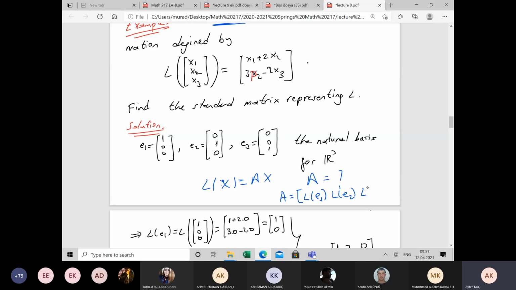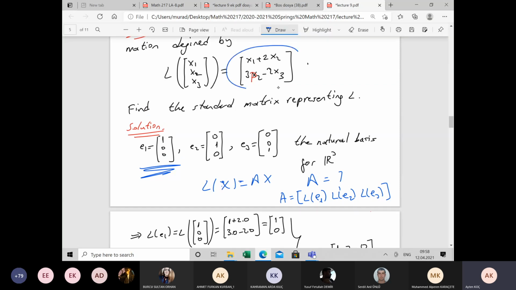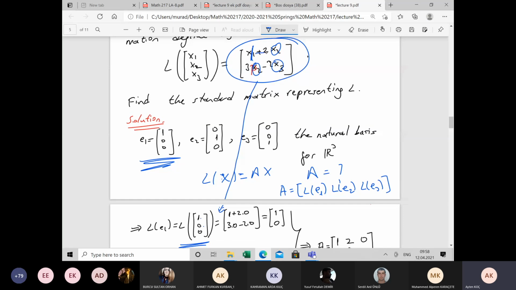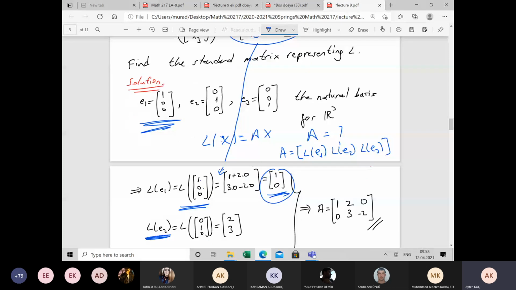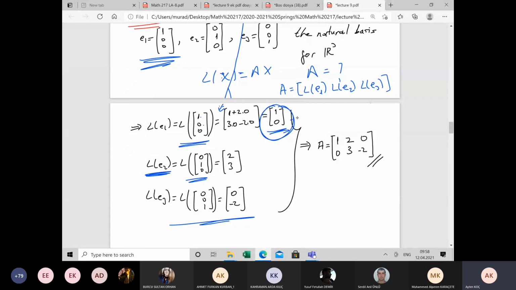Substitute here: x1 is 1, x2 is 0, x3 is 0. So we obtain 1, 0. Then substitute the second vector in the basis, 0 1 0, and use the same formula to get 2, 3, and then the next one. So A is L of E1, L of E2, and L of E3. This one is the matrix for L.